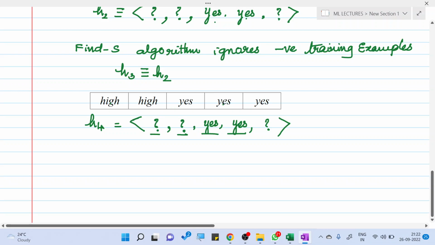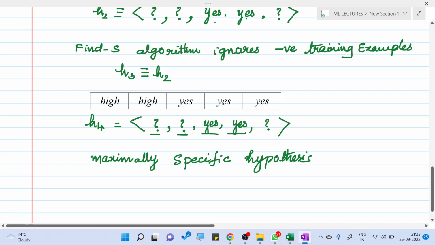So this H4 is called the maximally specific hypothesis, not the most specific. The find-S algorithm is an algorithm which outputs the maximally specific hypothesis.